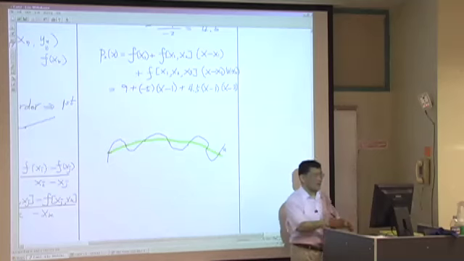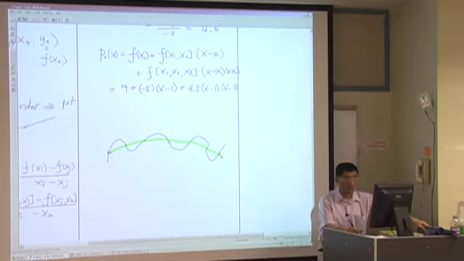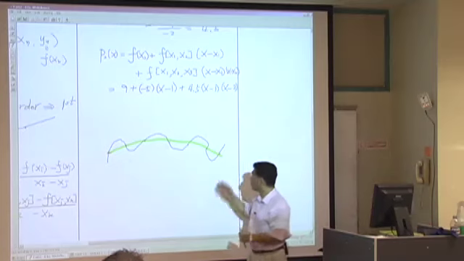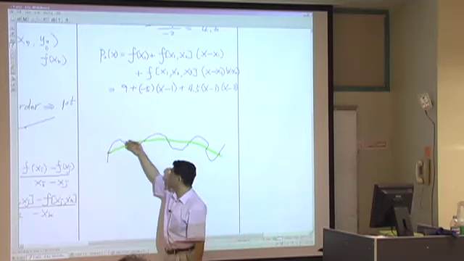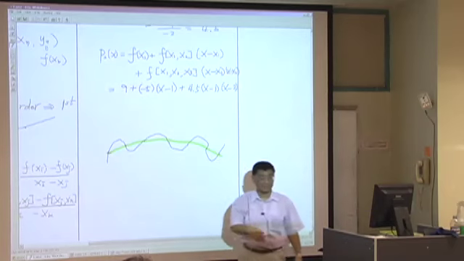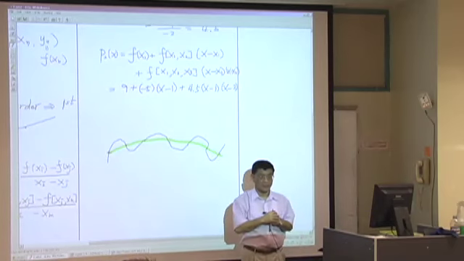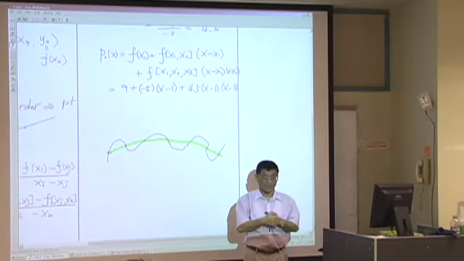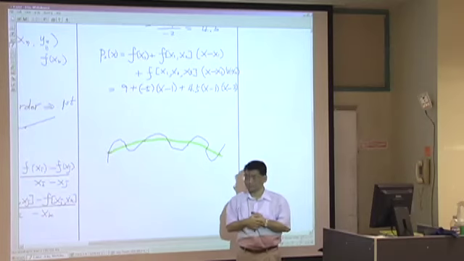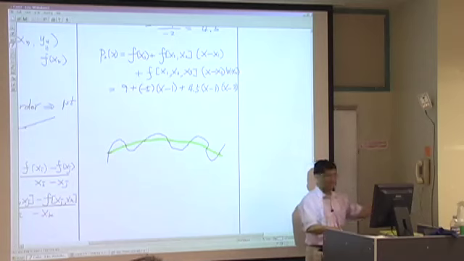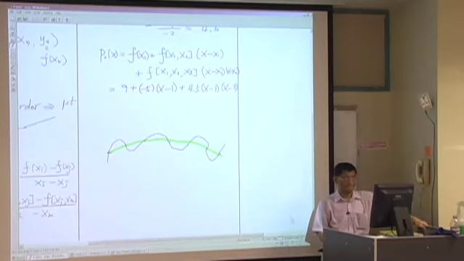So if we use higher and higher order functions, we have a severe problem like this. Our goal was finding a function like this, but it doesn't achieve the goal. It just has this kind of complicated function. The higher order functions will have that kind of bad effect. Unfortunately, if we use a higher order function, then it may oscillate like this, right?